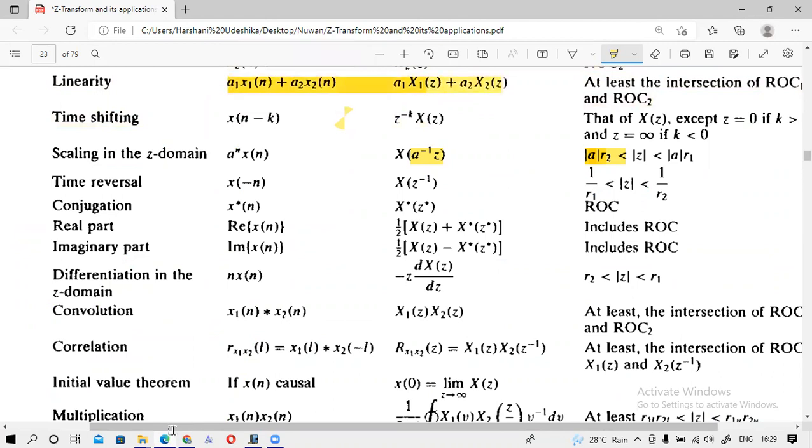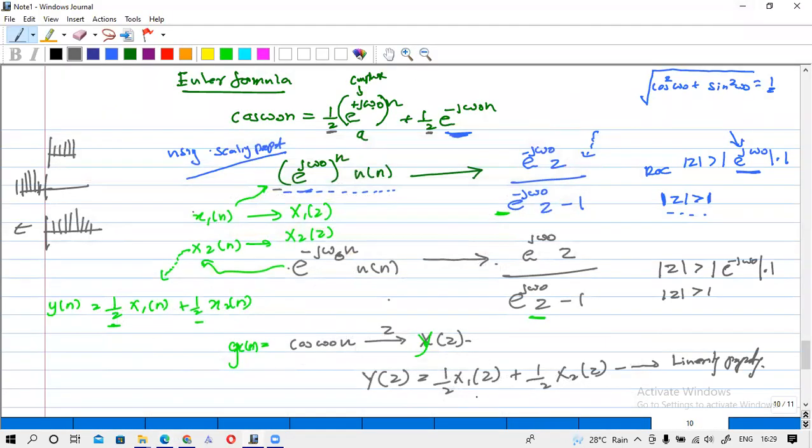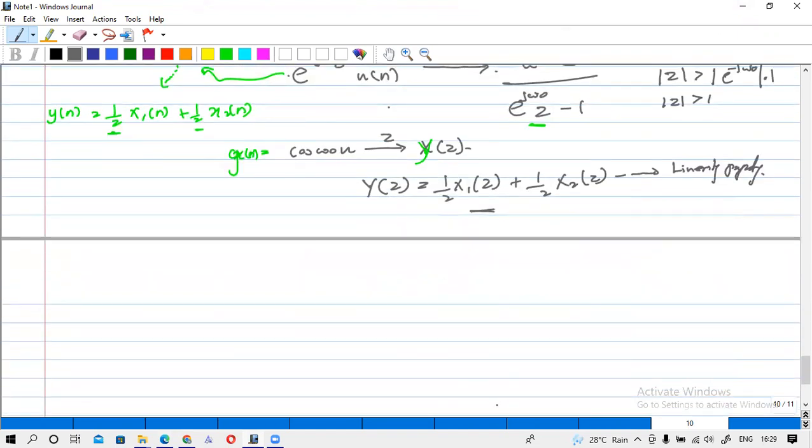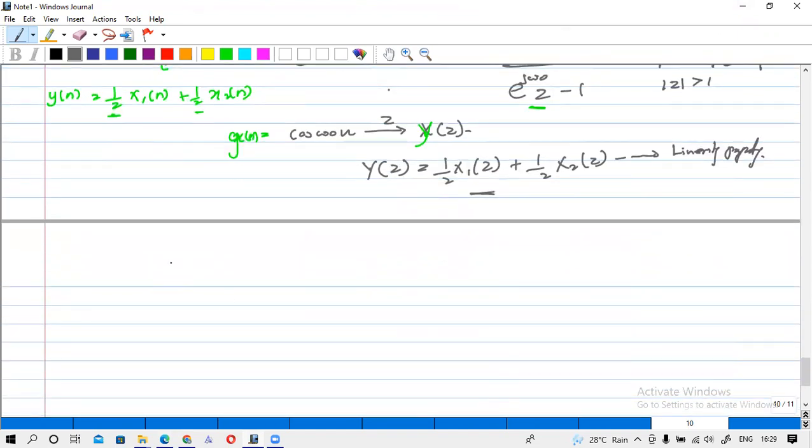So now we have a chance to use the linearity property. Here I use the linearity property and find the Z transform of cos(omega naught n), let's say Y(z).